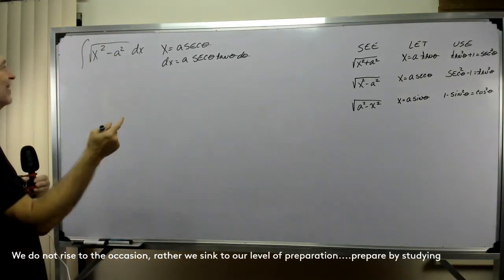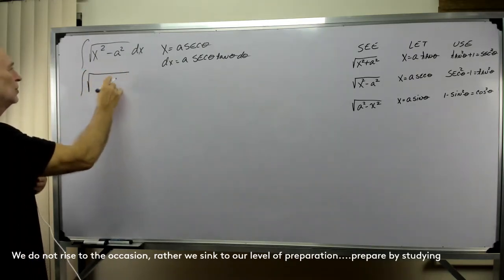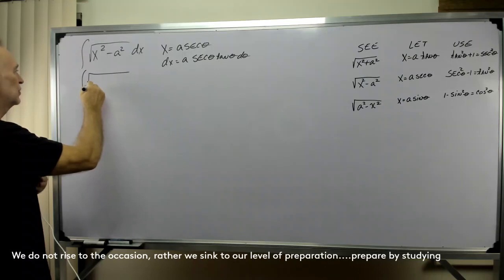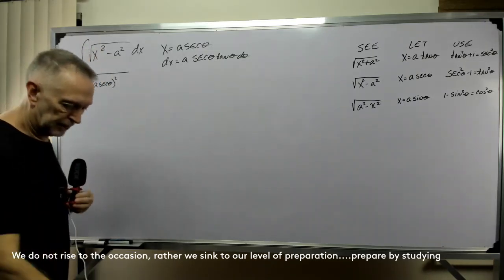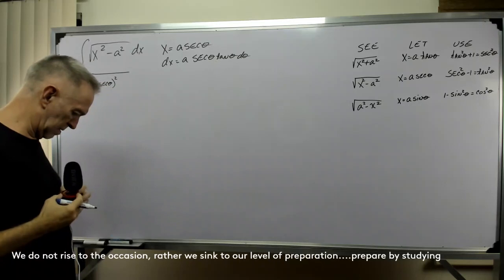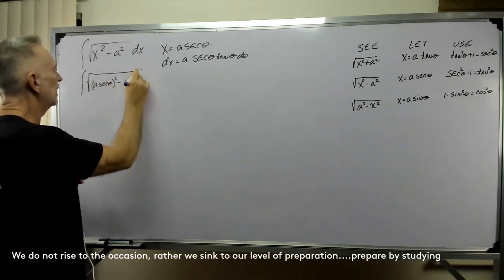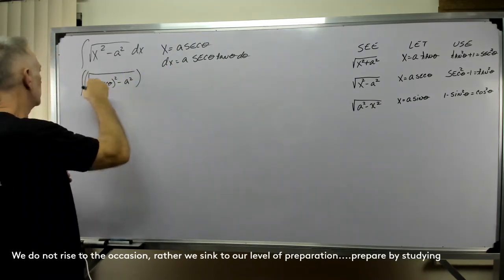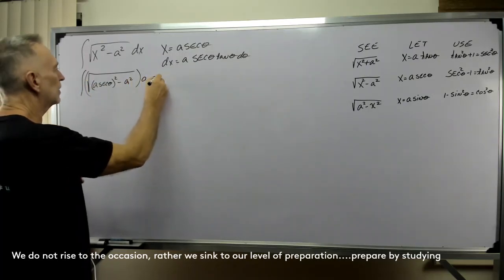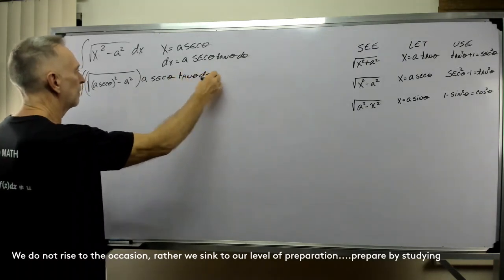Now then, let's plug some of that in here. We've got the square root of x, which is a secant theta, squared. So we have x squared minus a squared. Now dx is equal to a secant theta tangent theta d theta.